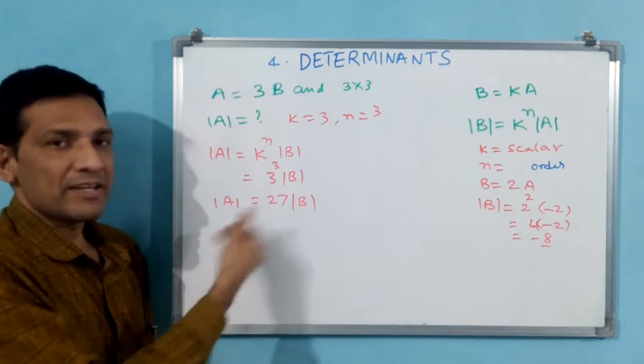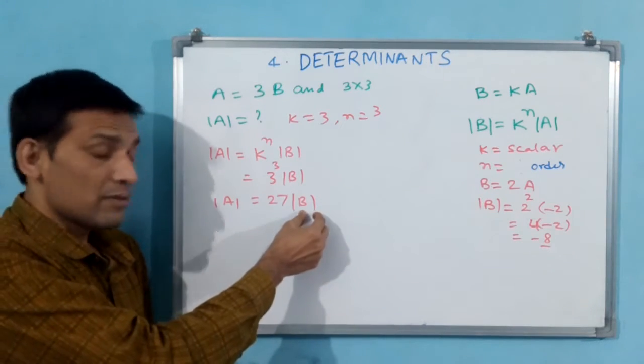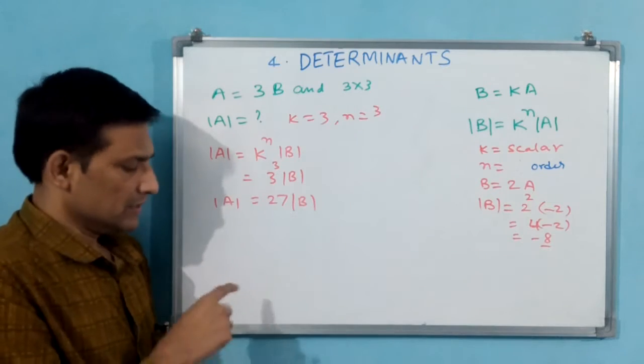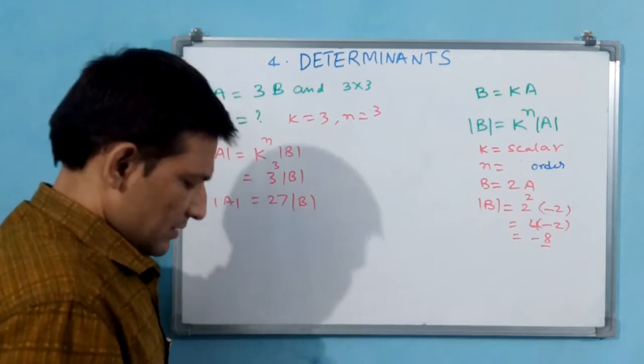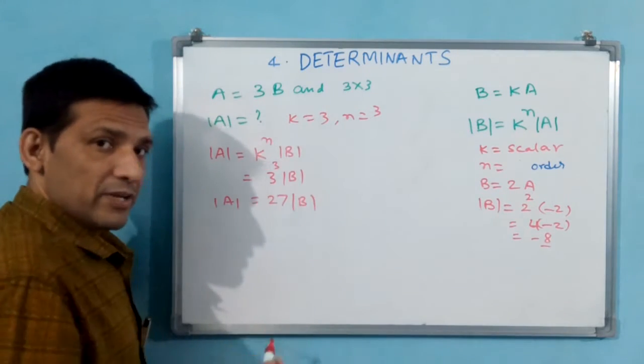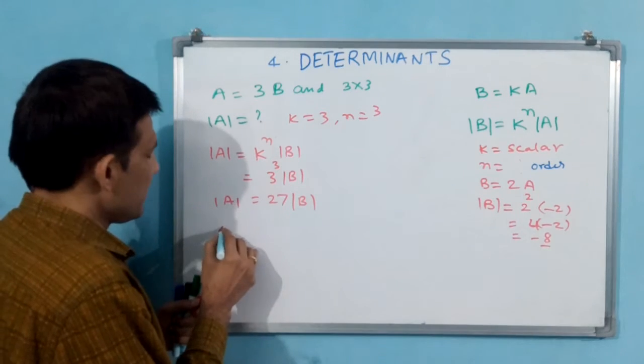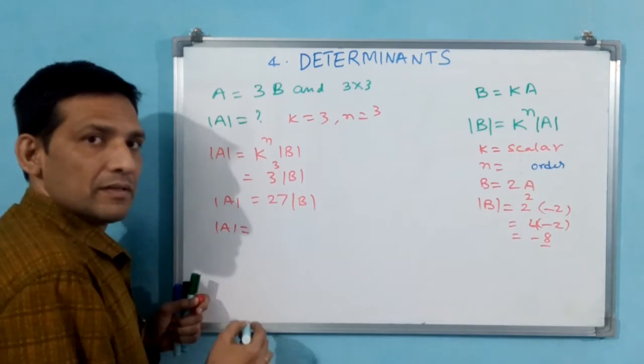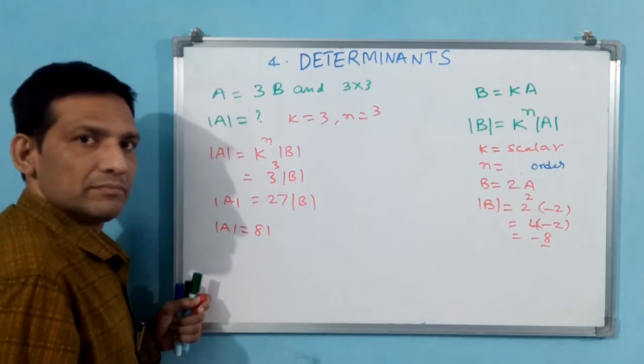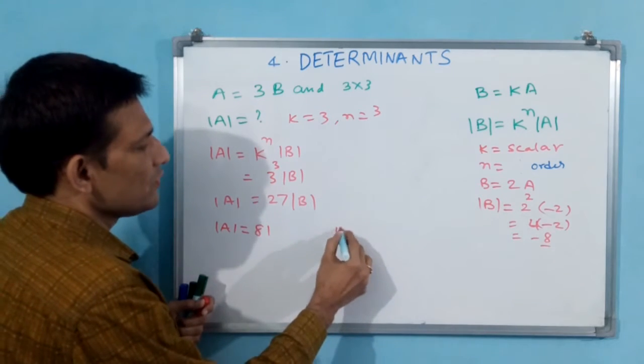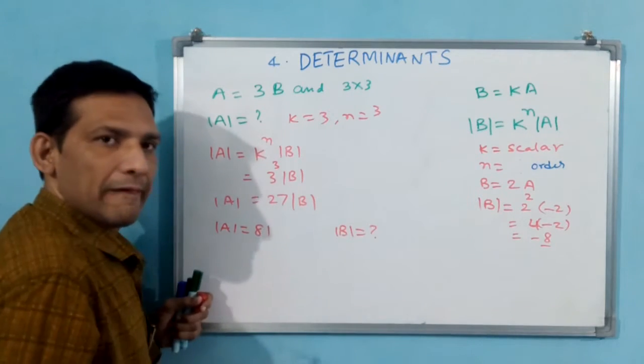But a matrix you cannot divide directly. Say if they give determinant A is 81, then they will ask you to find determinant B.